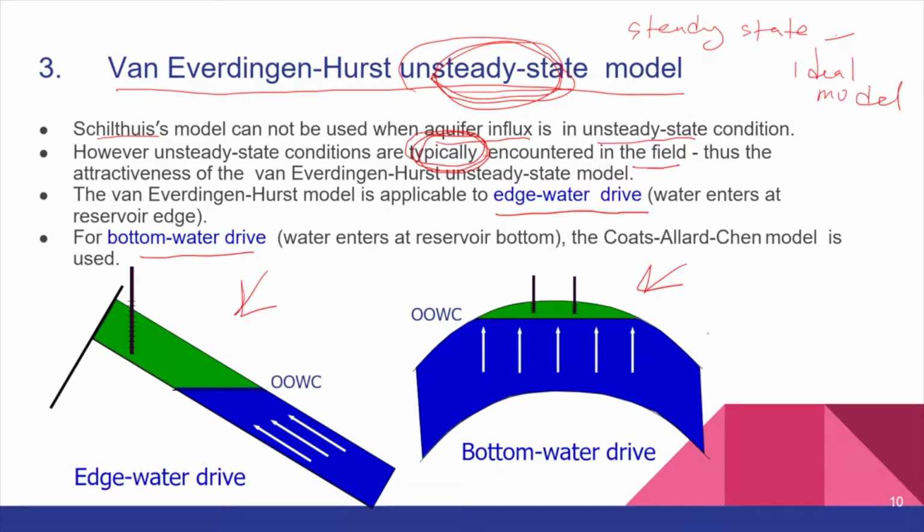if you have an aquifer reservoir, so this is your gas cap, this is your reservoir cap. Like this, you have your oil here for a bottom water drive. But for edge drive, your oil will be here.